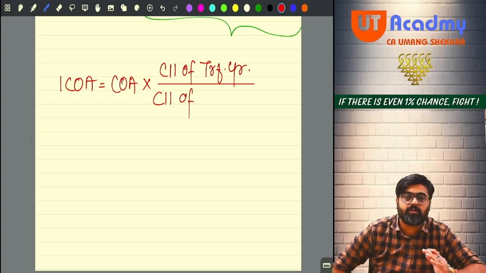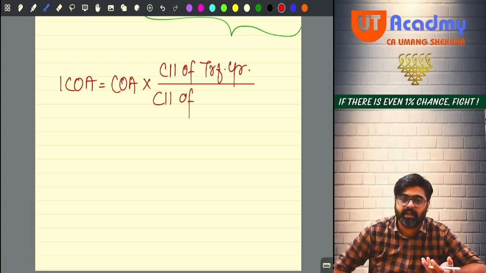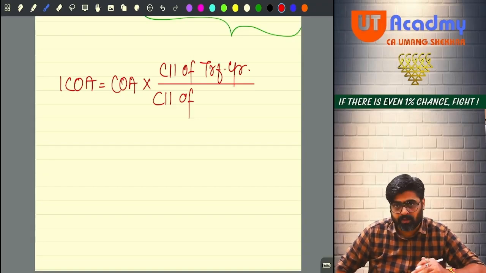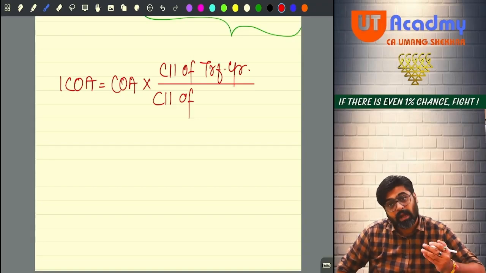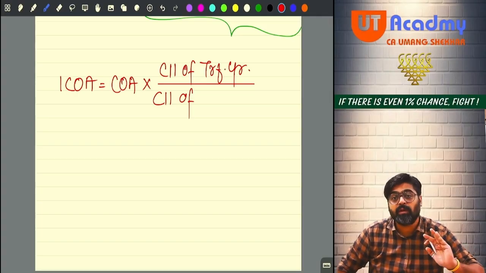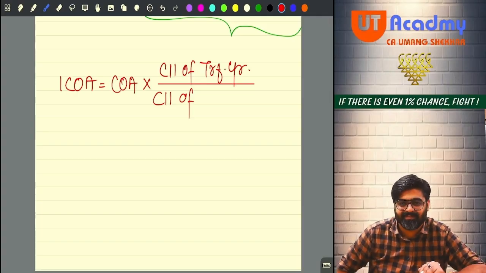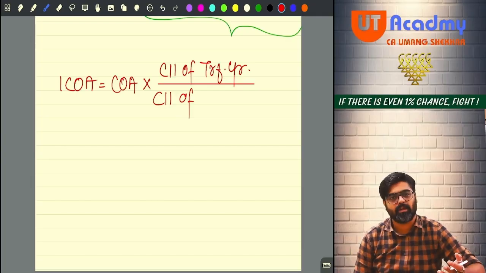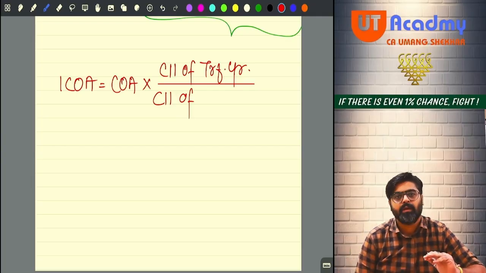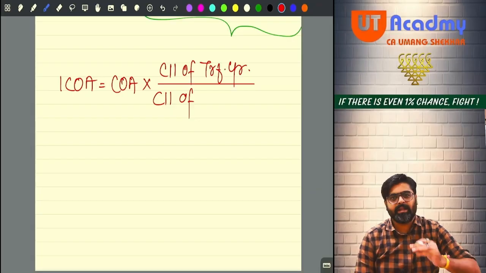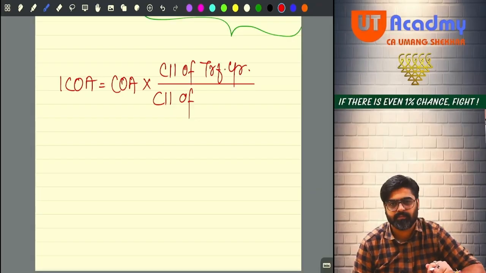If the acquisition year is prior to 1st April 2001, then for that year CII will not be available. Then in that case you will have to take the fair market value. Option will be given to take the fair market value, and you will divide by the CII of 2001-02. If you acquired the asset on or after 1st April 2001, then only the acquisition year CII can be taken.